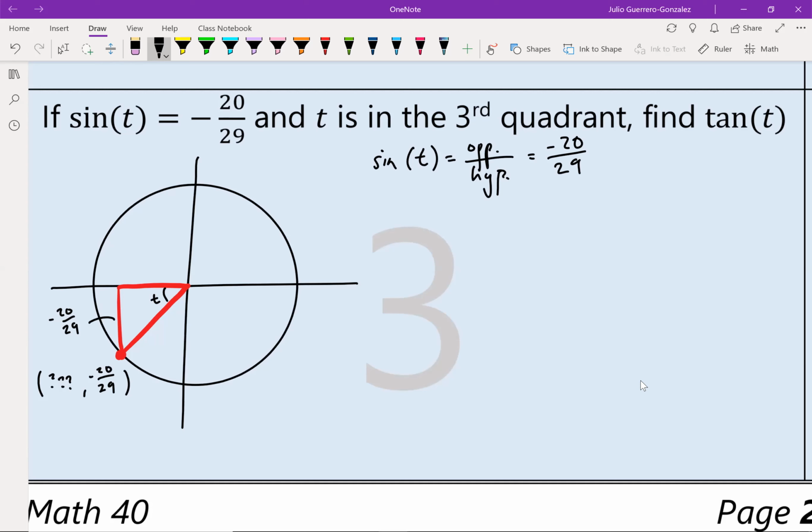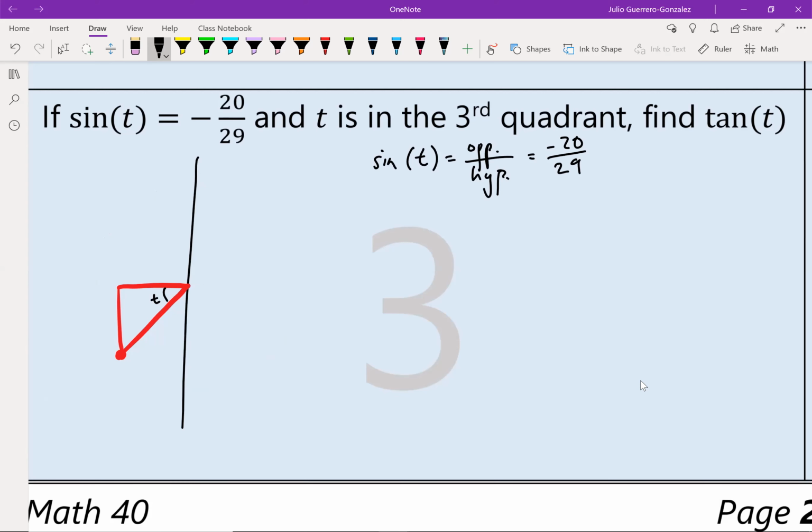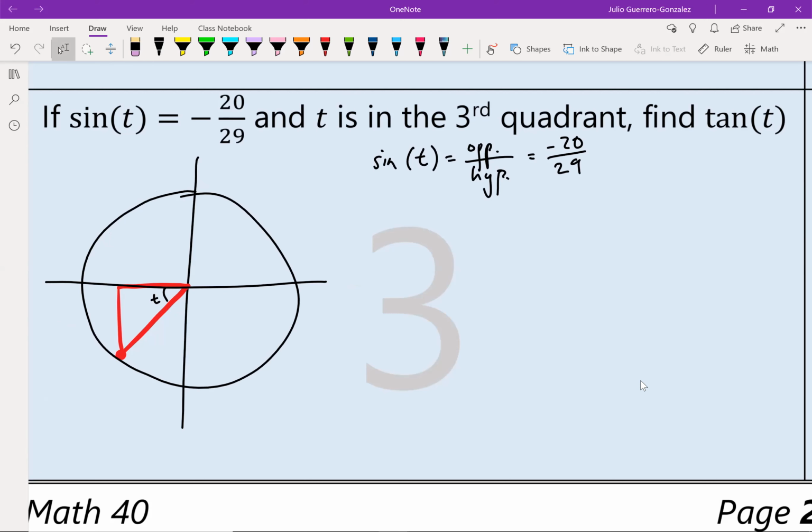No, I didn't. So we're going to use this, and we're going to fill in our triangle. Oh my God, my tablet. I know I had it nice and pretty before, and now it erased everything. Okay. So our hypotenuse is 29. And our sine, our y, our opposite here is negative 20.